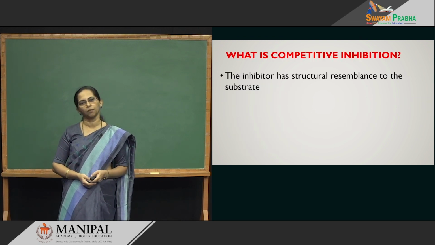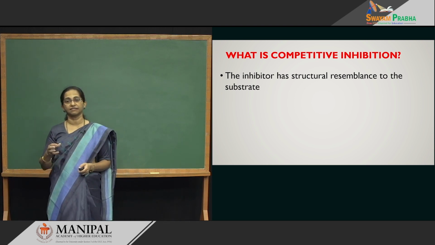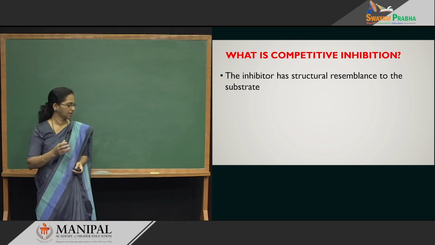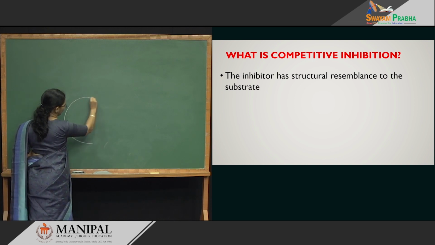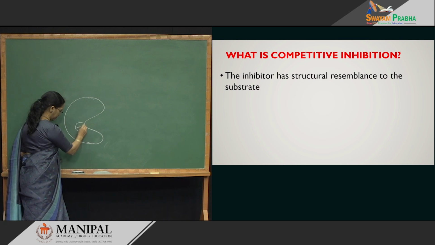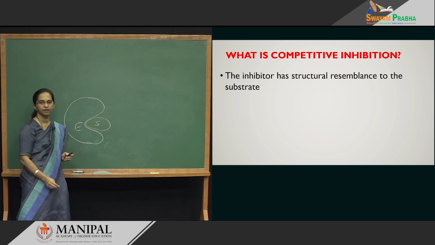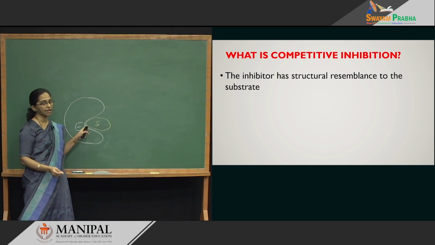So, what is competitive inhibition? The inhibitor has a structural resemblance to the enzyme's substrate. This is my enzyme. So, if this is my substrate, the inhibitor, let me use a different color for that, it is actually having competition with this substrate.